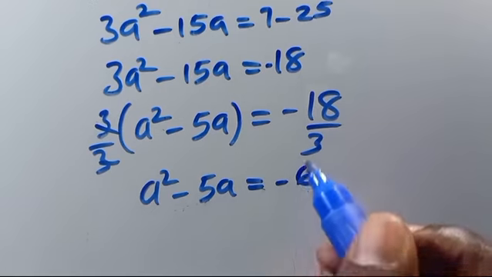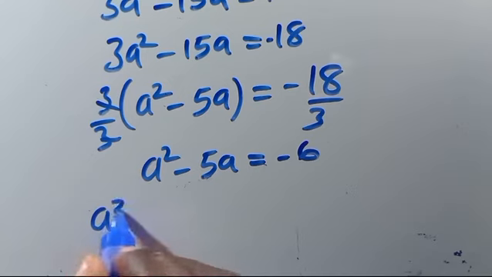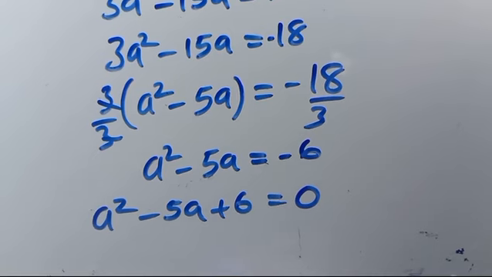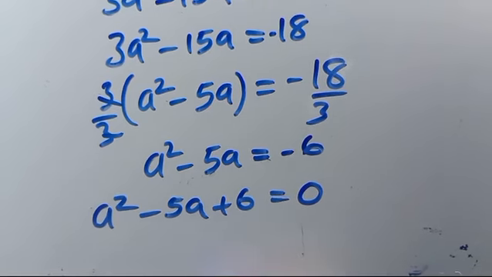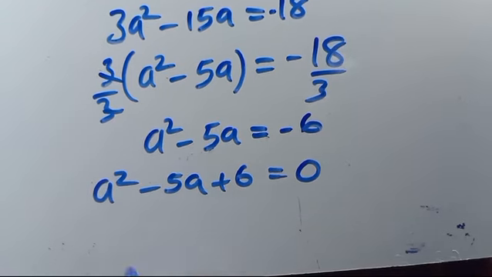So from here we can have a squared minus 5a plus 6 equals 0. Then, when we solve this, we have a equals 3, and we also have another a equals 2.